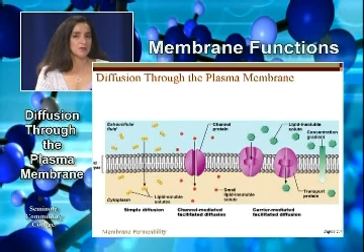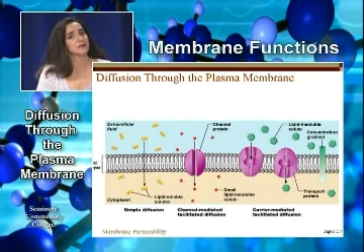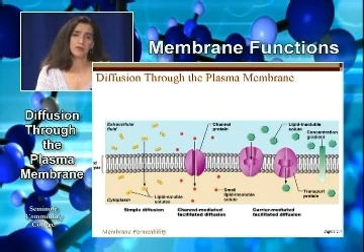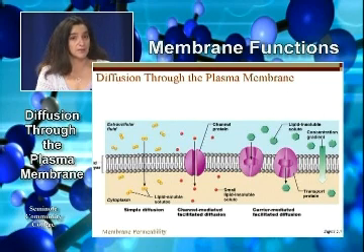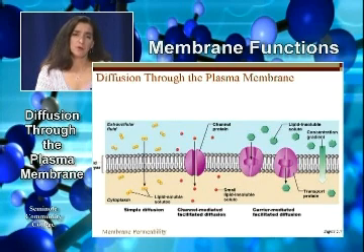These transport proteins can either be carrier proteins or channel proteins. Either way, they help these larger molecules or even ions to move across the membrane freely without any input of energy. Both simple diffusion and this type of diffusion through the transport proteins, known as facilitated diffusion, occur without any energy. This is what we call passive transport.